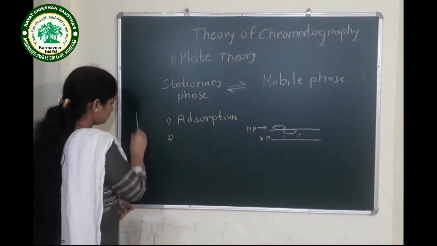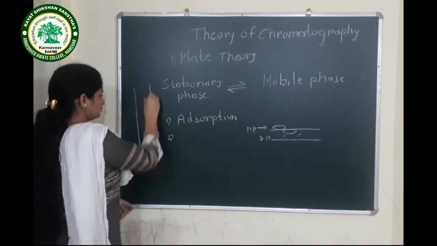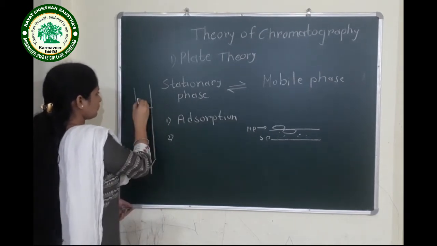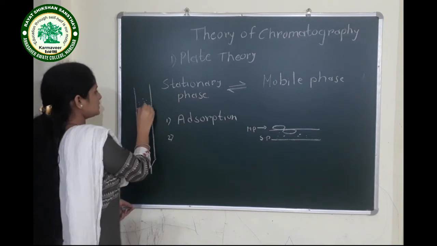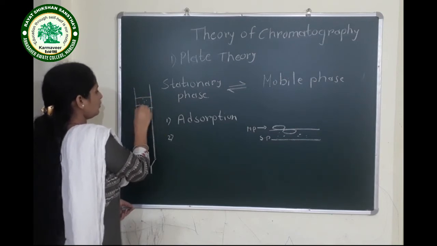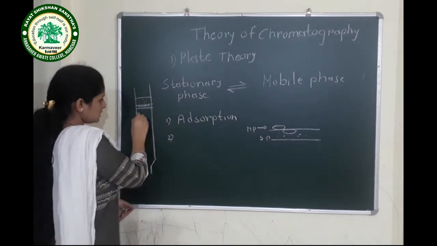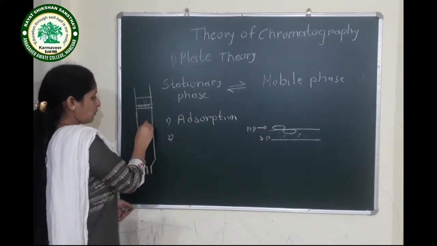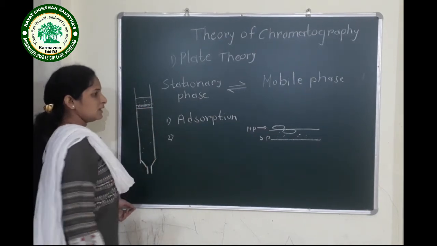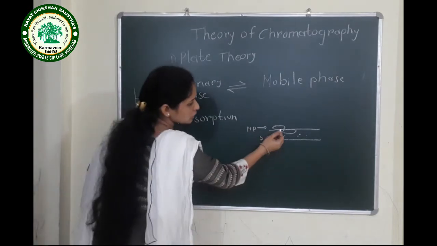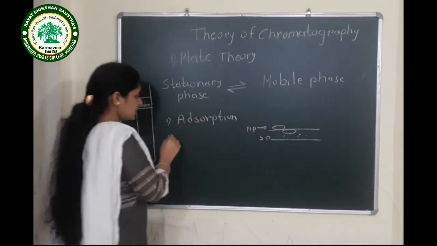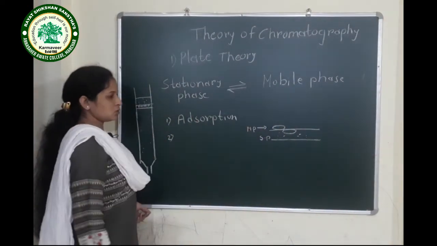Now see the column. Here is the mobile phase with the solvent. We are pouring this mobile phase and the solvent over this stationary phase. As this mobile phase is passed over the stationary phase, there is a distribution of the component from the mobile phase to the stationary phase. That process is adsorption.